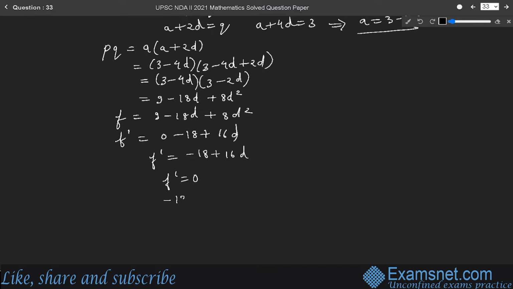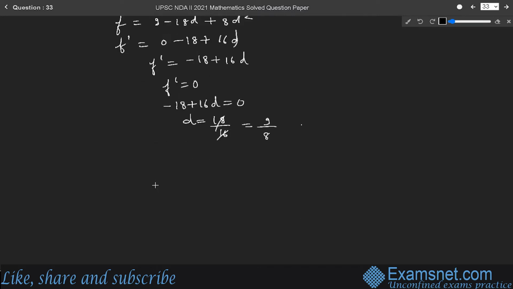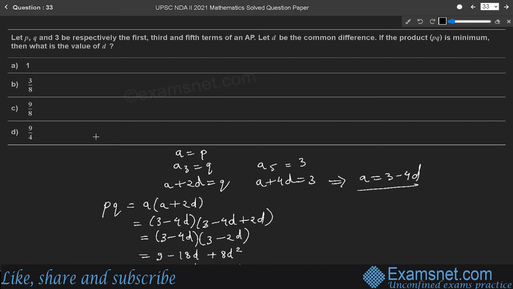So it means that minus 18 plus 16D will be equal to 0, and D will be 18 upon 16, which gives 9 by 8. Now f double dash will be equal to 16, which is positive. So f will be minimum at D is equal to 9 by 8. So the value of D will be 9 by 8. So the correct option here is option number C, which is 9 by 8. In this way, we find the minimum value for D.